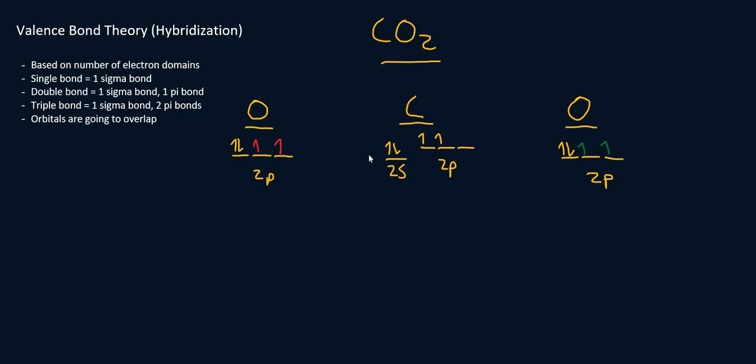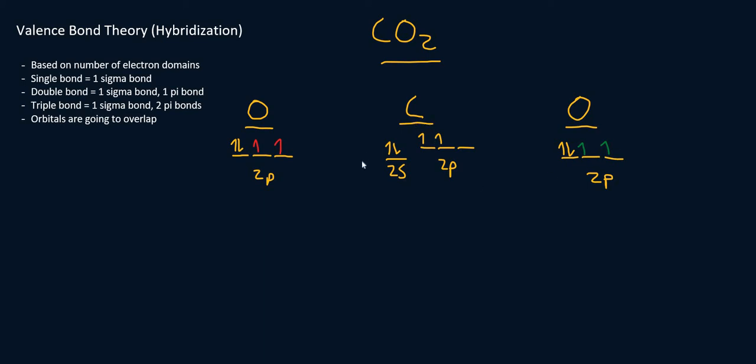What I've done here is I've taken each of our components of the CO2 molecule, one carbon and two oxygens, and I've drawn some orbital diagrams to show the electrons that we'll be using to make the overlaps, to make the covalent bonds. For this oxygen here, I've color coded these last two electrons in red. We'll see why in a second. And for this oxygen over here, I've color coded those last two electrons in green.